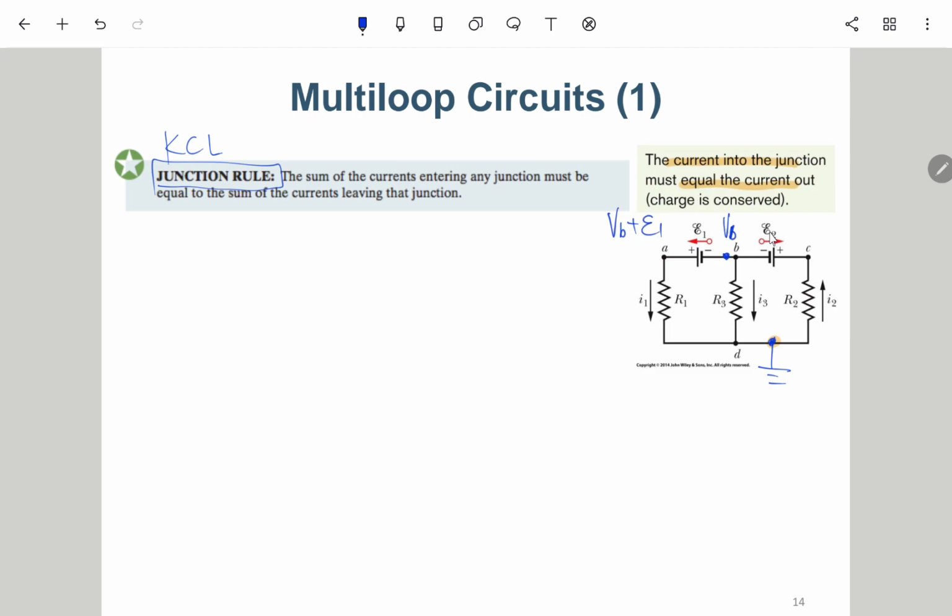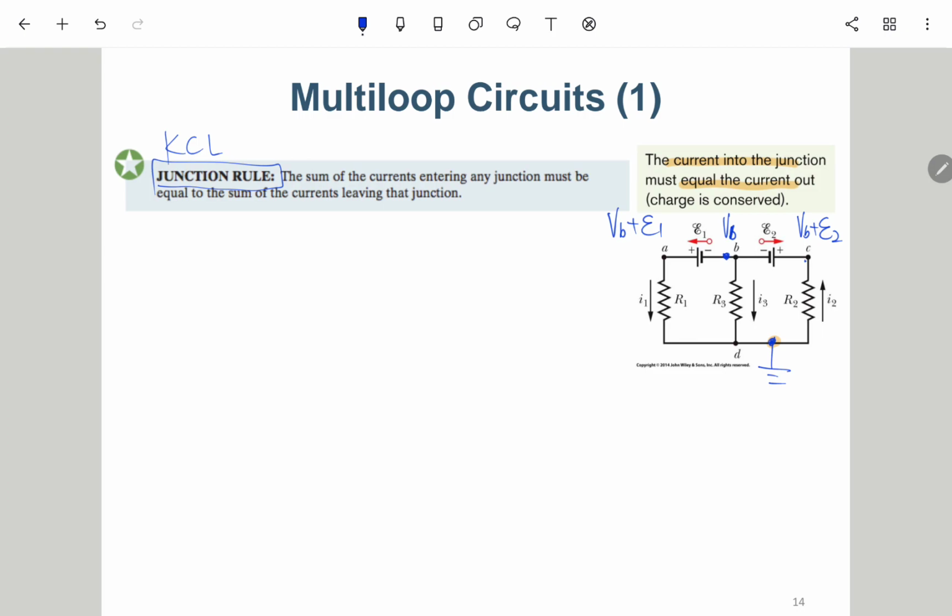So we only have one unknown variable. Similarly for this node, if you define it as VC, there will be one more variable, but actually this one is VB plus E2.